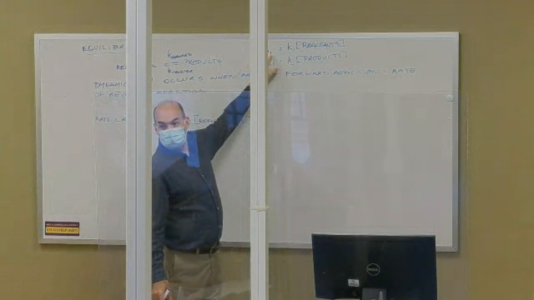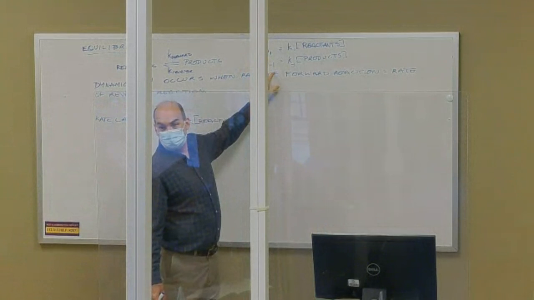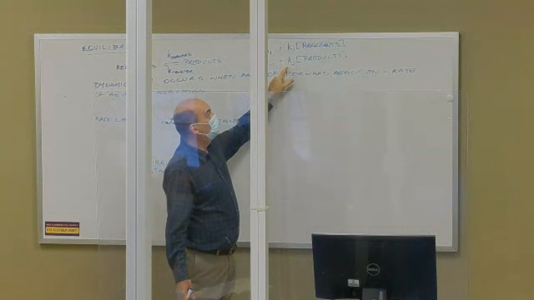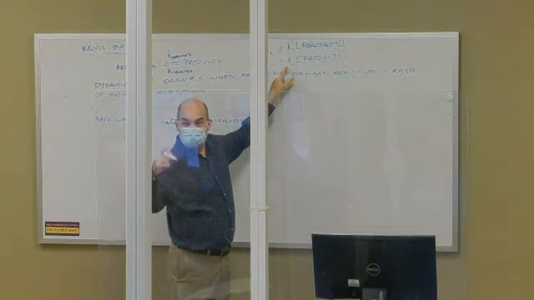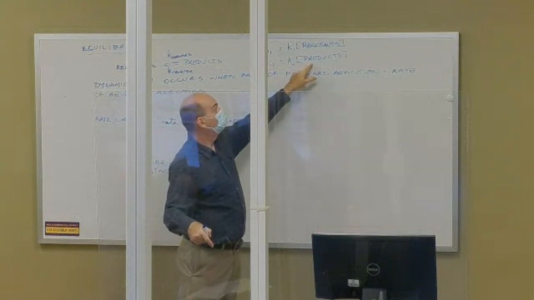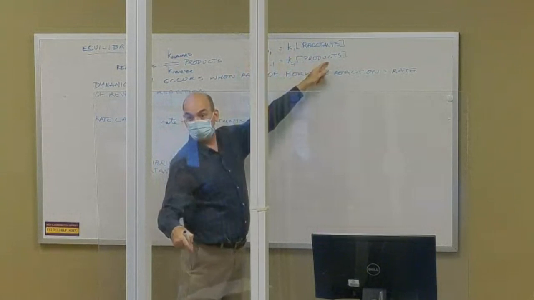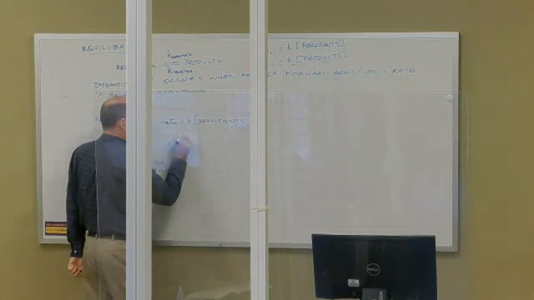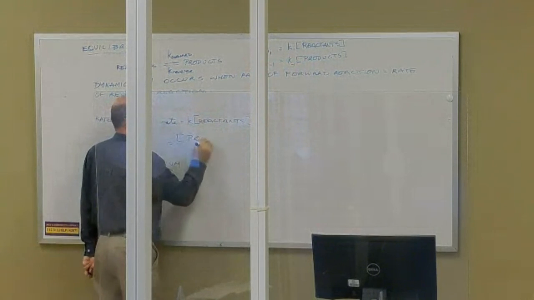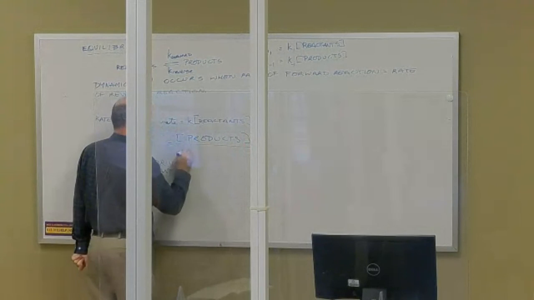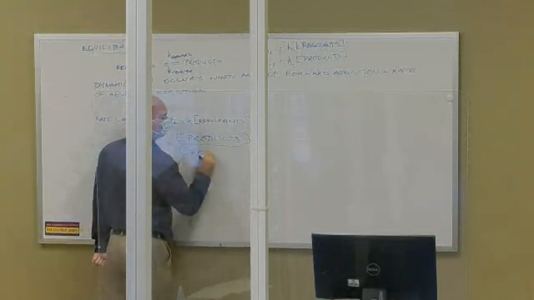That the rate going forward and the rate coming back are the same as each other. So K1 and K minus 1, when I divide them, gives me, this is going to move over the equal sign, and that's going to move over the equal sign. Products over reactants.